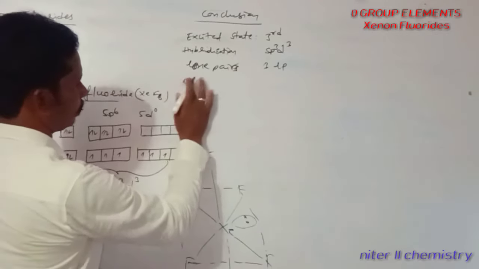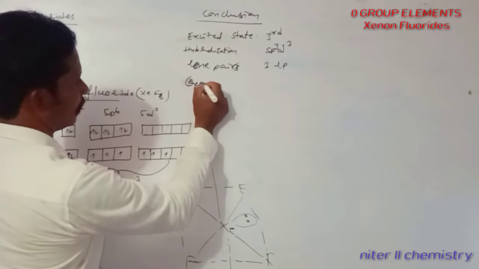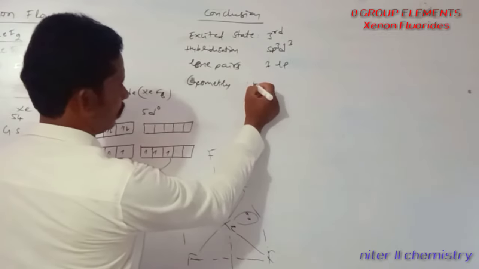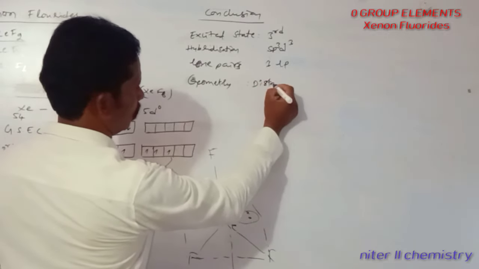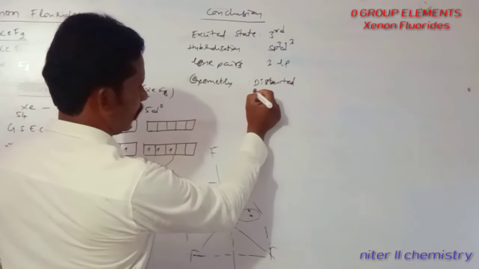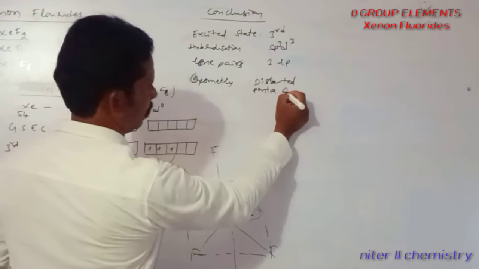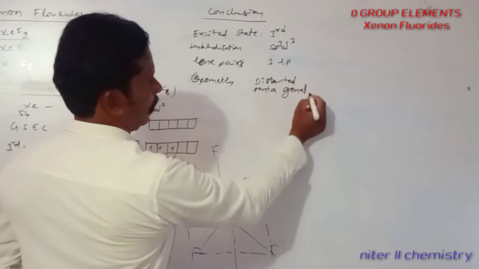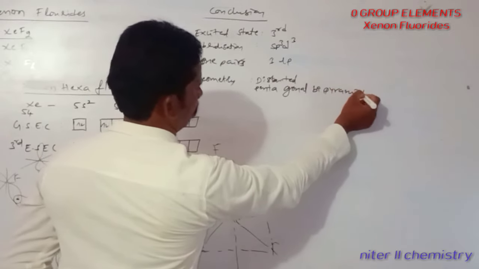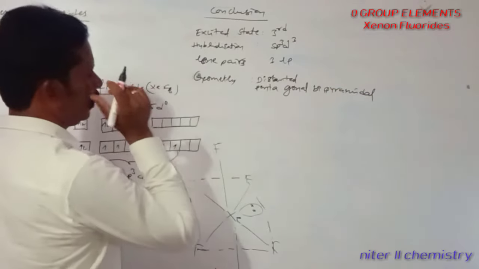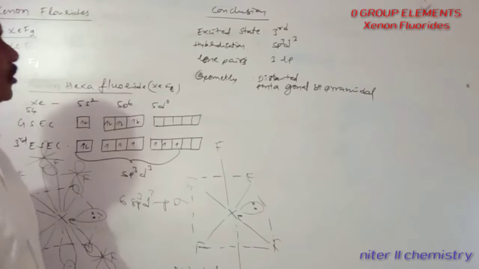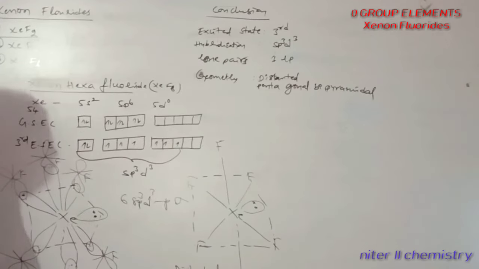Geometry is distorted pentagonal bipyramidal. Okay, so we can't give a single bond angle, those are different bond angles. So this is the geometry of xenon hexafluoride.